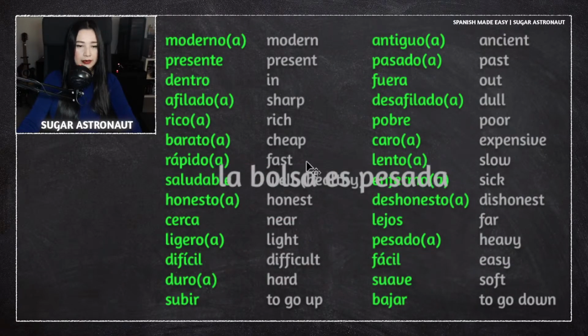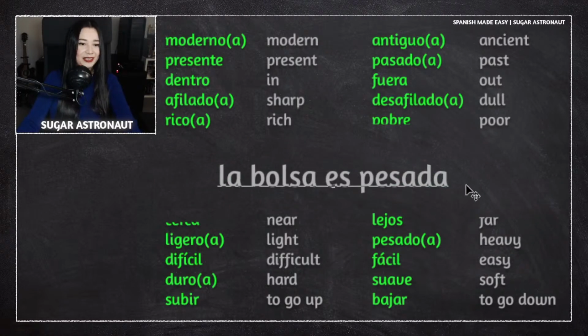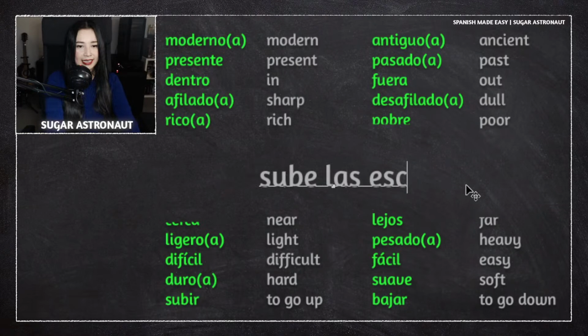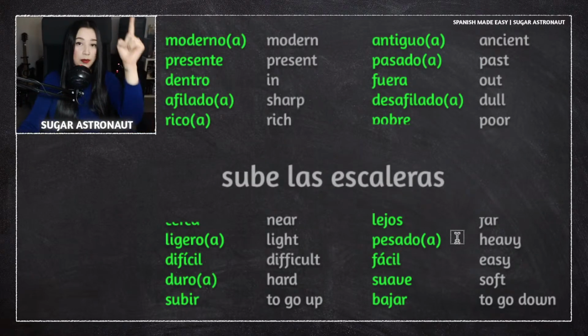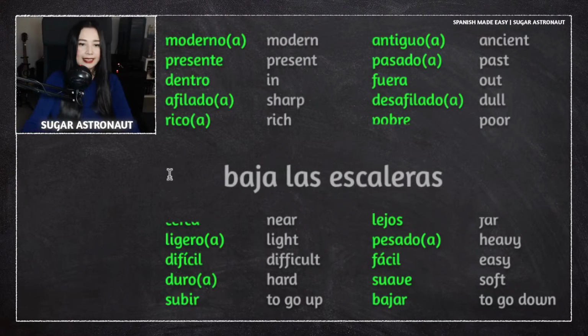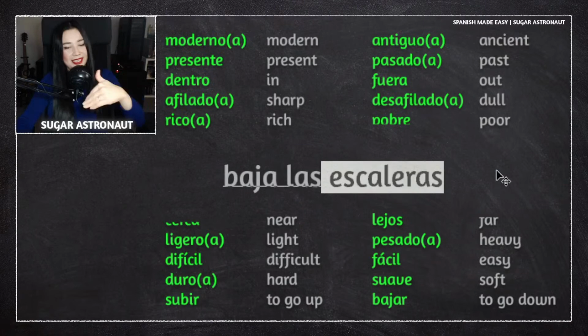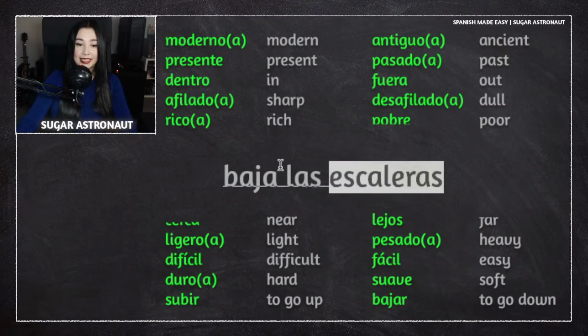So I could say, sube las escaleras, go upstairs. Subir las escaleras means to go upstairs, by the way. Or baja las escaleras, go downstairs. I know escaleras sounds completely different from going up, going down, but essentially you're going upstairs or downstairs, right? So escaleras means stairs.